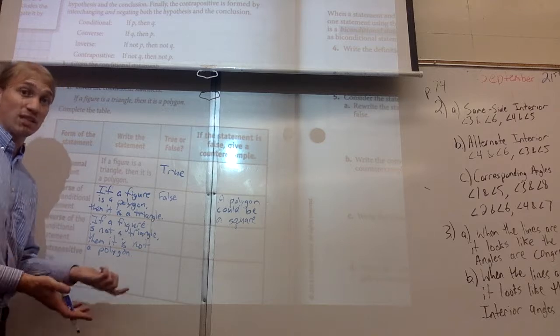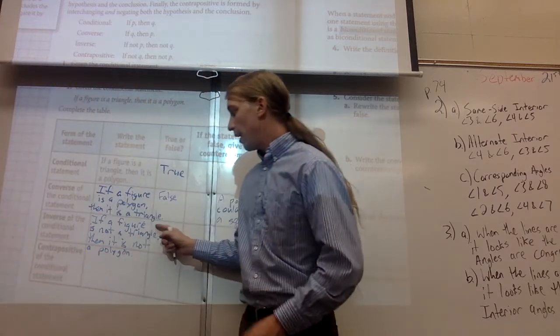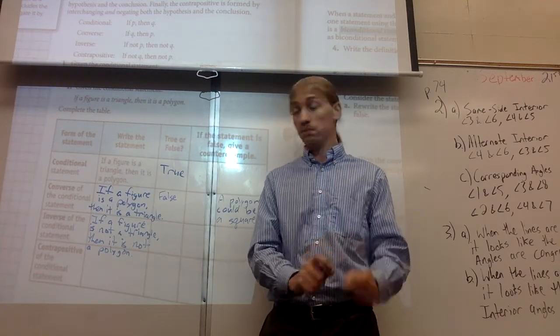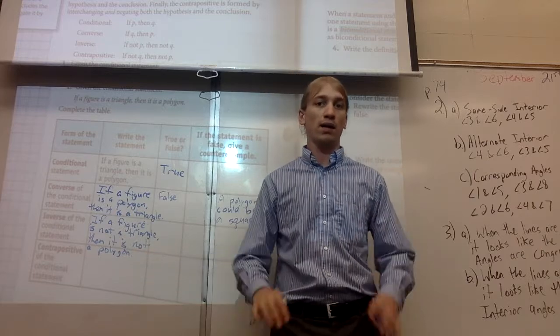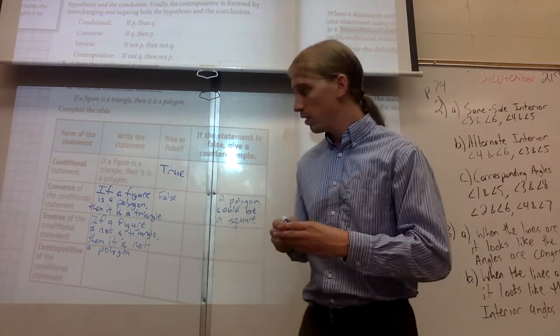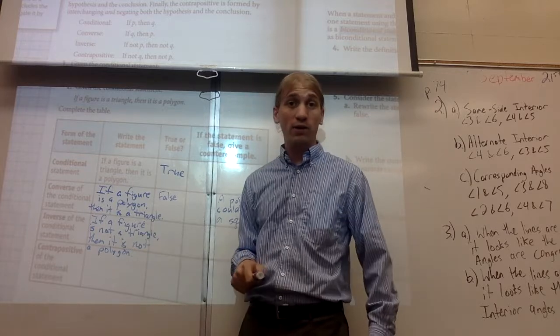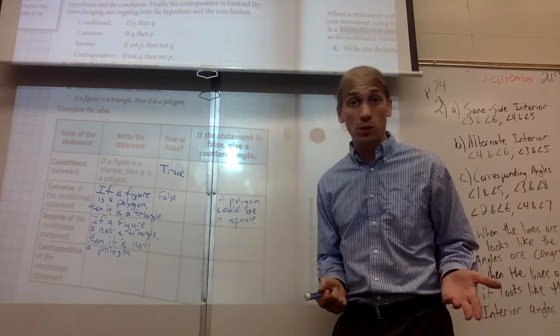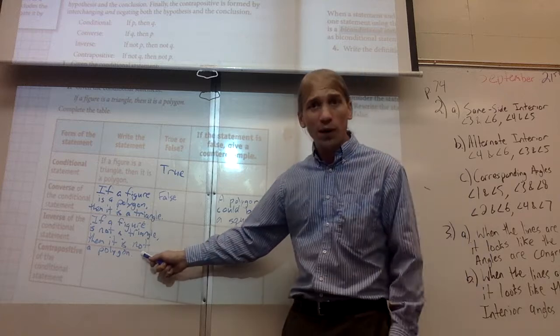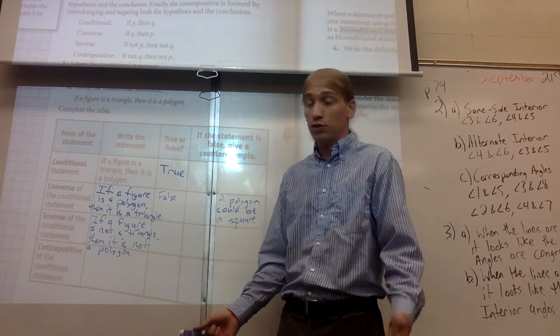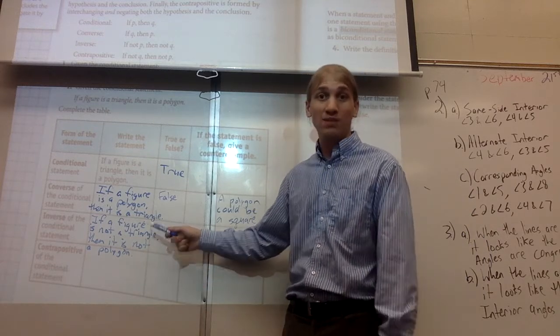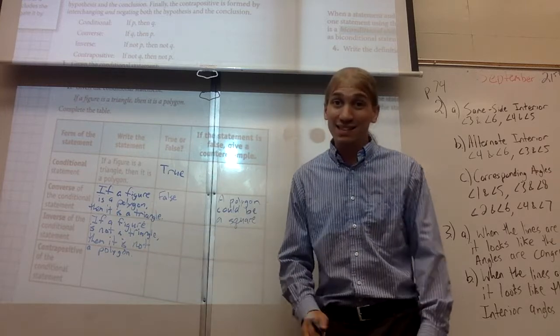And now we want to think, is this true or is this false? If a figure is not a triangle, does that mean it's not a polygon, meaning some general shape? Let's think of some shapes that aren't triangles. So if a figure's not a triangle, well, it could be a square. Well, a square is a polygon, making the second part of this not true. So just because a figure is not a triangle does not mean it's not a polygon.